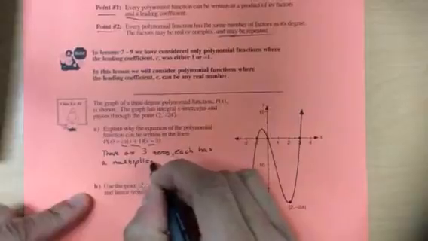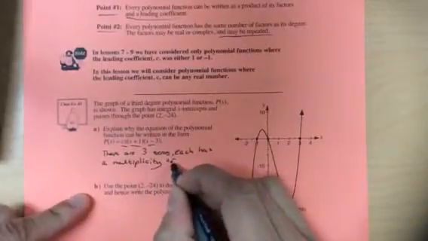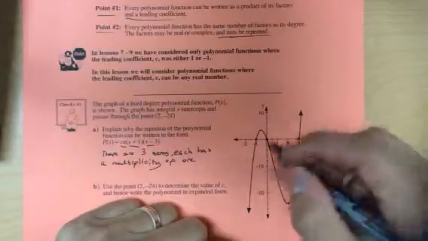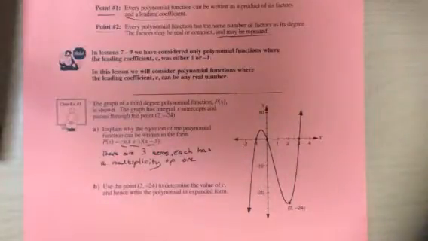I know each one has a multiplicity of 1, because if we look at the line itself, it's only passing through the x-axis. It's not tangent to it, and there's no points of inflection in this case.